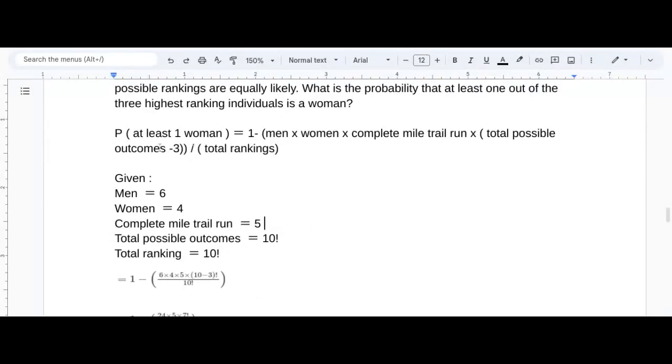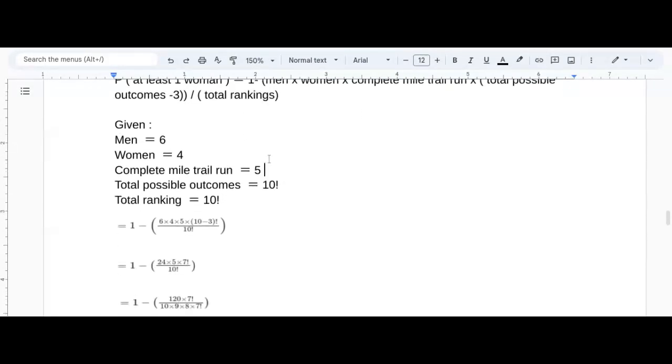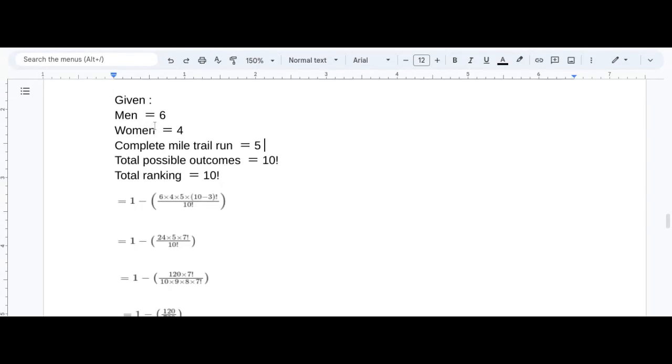So we get the probability of the event, which is at least 1 woman, equals 1 minus men times women times complete mile trail run times possible outcomes minus 3, because it's the highest 3 rankings, divided by the total rankings. And from the question, we are given that there's 6 men, 4 women, the 5 is the complete mile run, and 10 factorial is the total rankings.